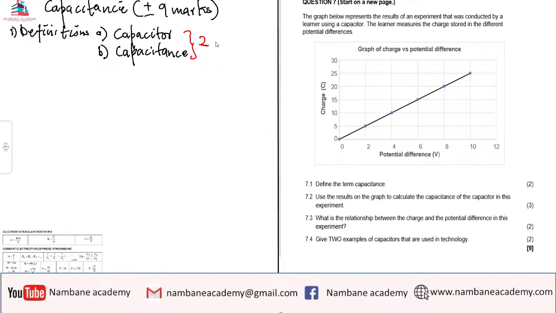So what does it say to me? If this is 2 marks, the 7 marks must be sitting somewhere. Where are the 7 marks? The 7 marks will be the application thereof. So 2 here, and then the use and the application thereof. That is very important.